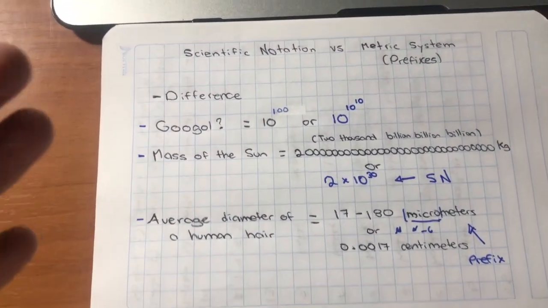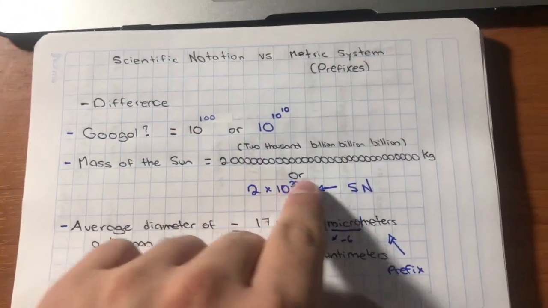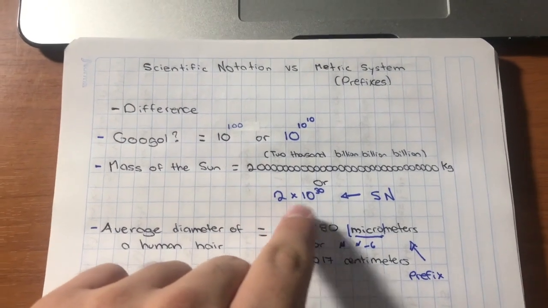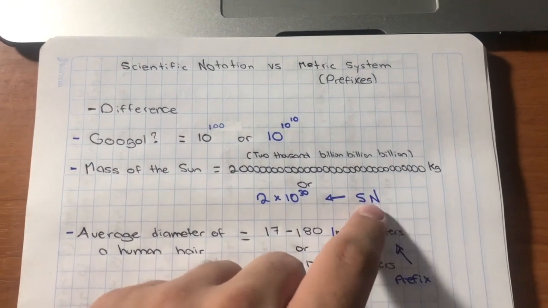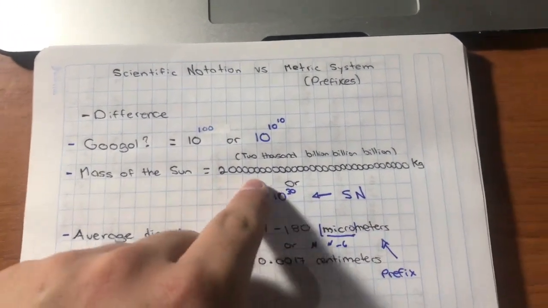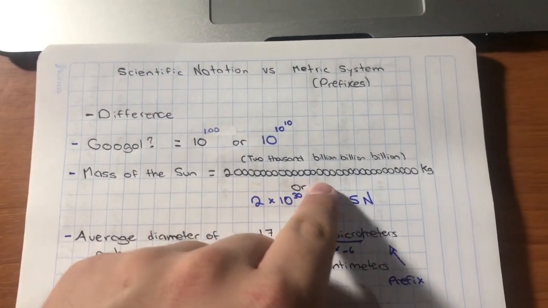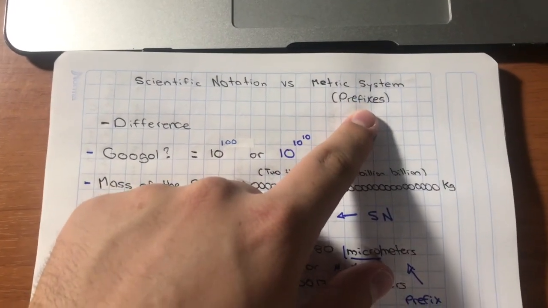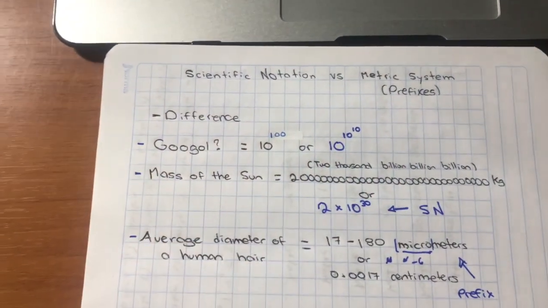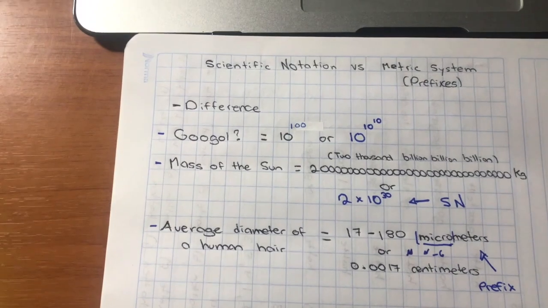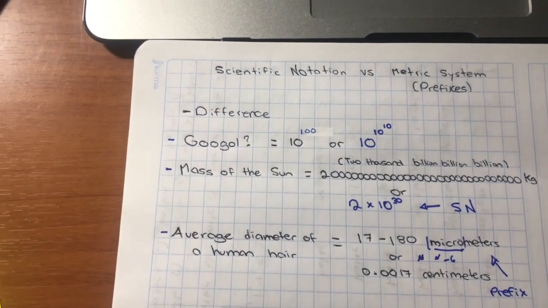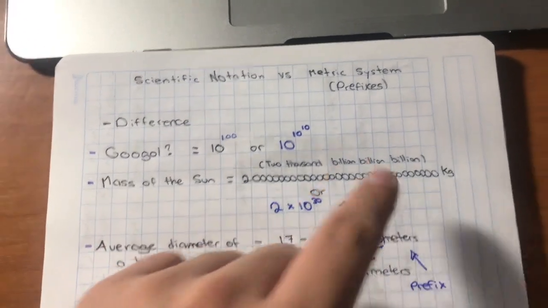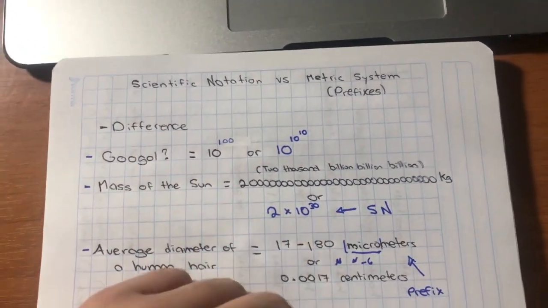Then the mass of the sun, which is this number, with 30 zeros, which is the same as this. I'm using scientific notation for this because it's easier to do it that way than in the metric system with a prefix, since it's not very common to have a prefix for the thirtieth power.